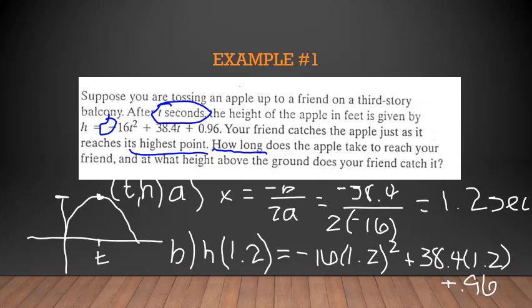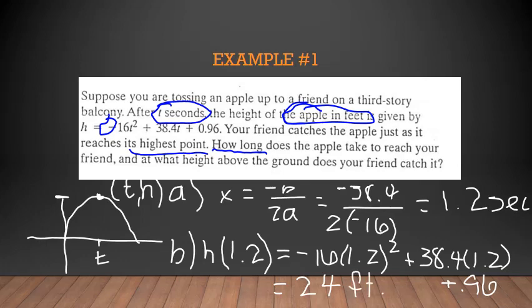When I worked that out, and I did use a calculator, I got 24. You can pause the video and do that on your own just to make sure that your order of operations is correct, and you should get 24. Since the height of the apple is given in feet, I'm going to call this 24 feet.